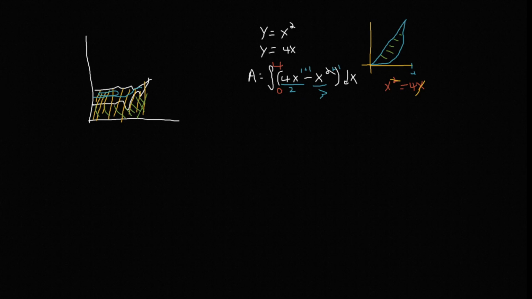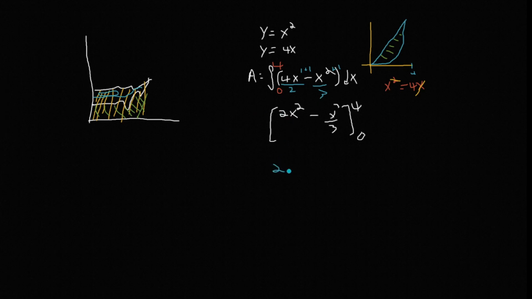So now we get, I'll simplify that, 2x squared minus x cubed over 3, from 0 to 4. And I can just substitute my values in.